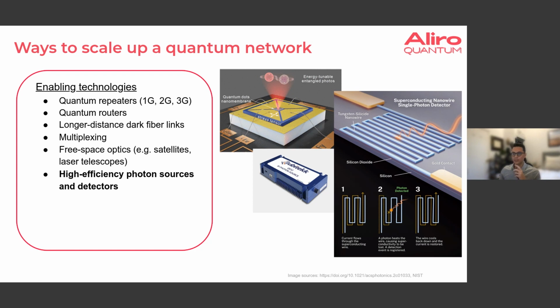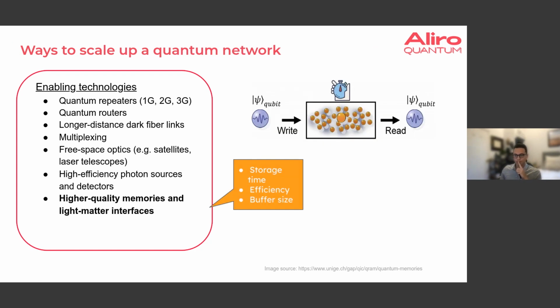So better components enable better distances. This holds true for quantum memories and also light matter interfaces. These are components that we're going to need in a full-scale quantum network. The longer we can store quantum states and retrieve them, the more efficiently we can do that. The more buffer size we have, the more things we can store. That enables longer and longer distances as well.